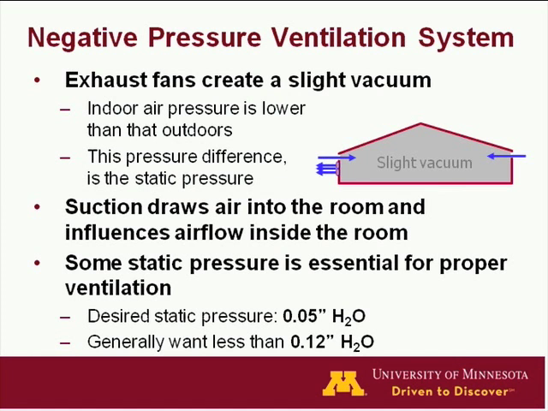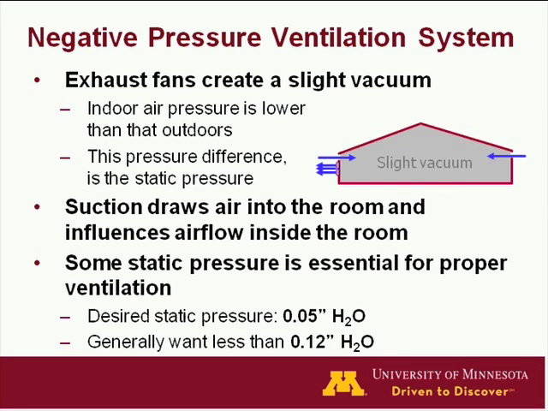Actually, Kevin did show essentially this slide before, but I think the review is good. 99% of the ventilation systems in pig units are what we call negative pressure ventilation systems, where we have exhaust fans that are exhausting air from the building, creating this vacuum or static pressure.